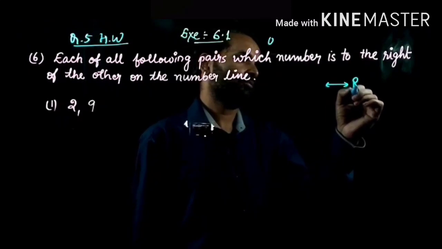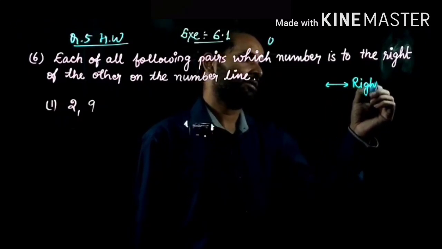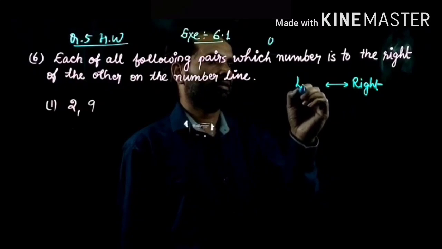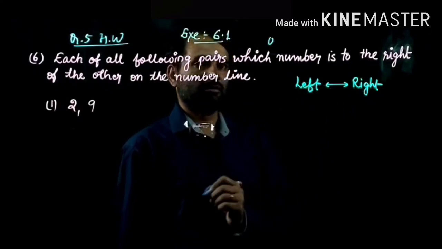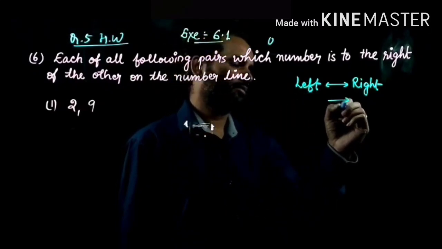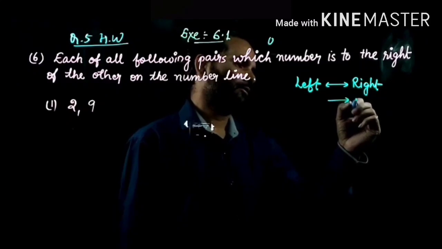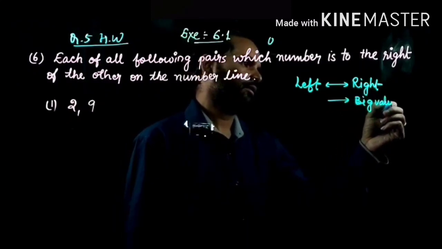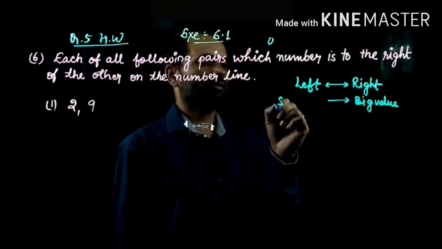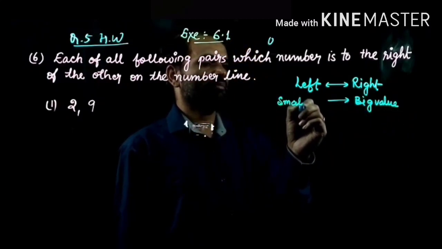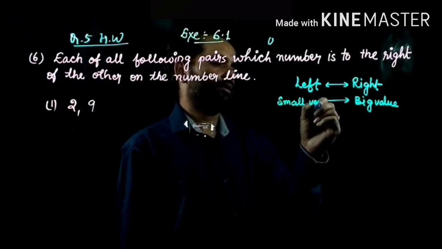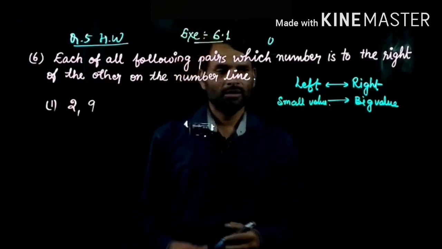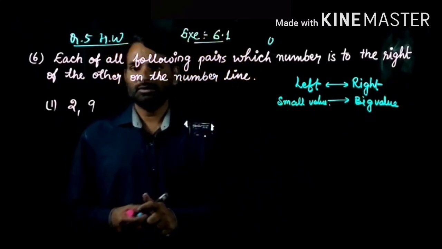It is the right and is the left direction. Okay, and right direction with the value is big number, a big value. Okay, and is here is the small number, a small value. Okay, according to this formula you have solved this question.